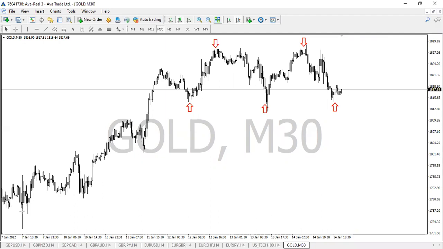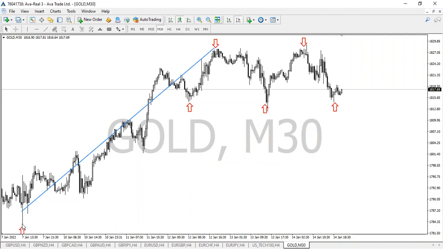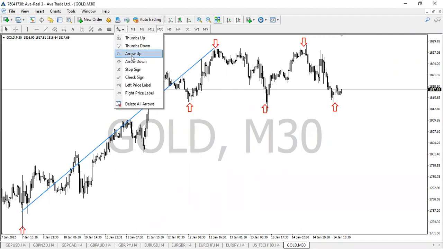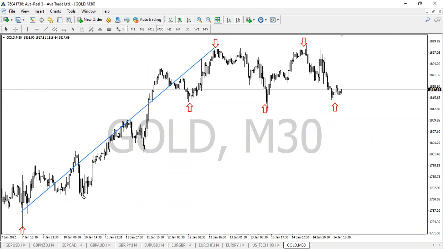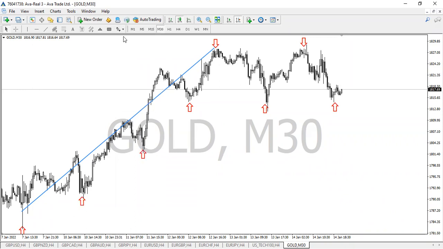If you are going to look at the trend from this side all the way up there, you will notice that we have something here, another thing here, another thing here, and the other one is this one.